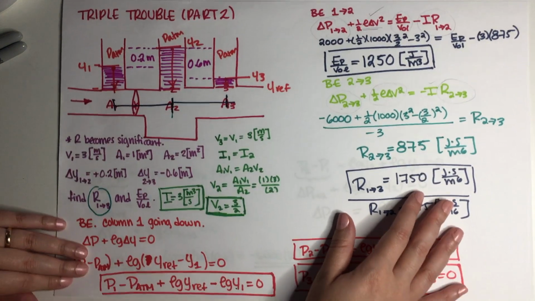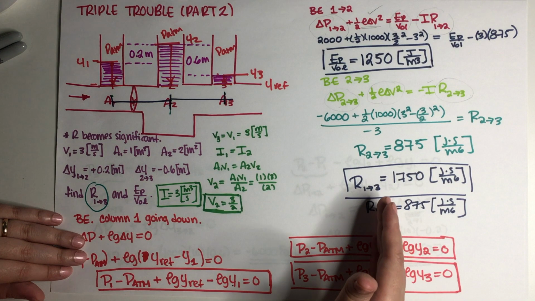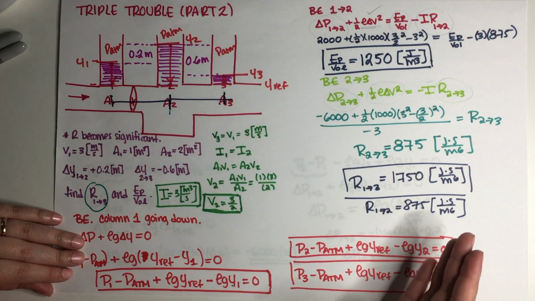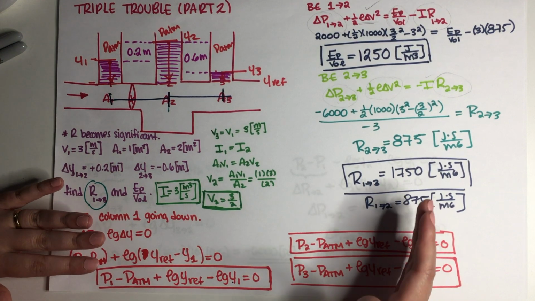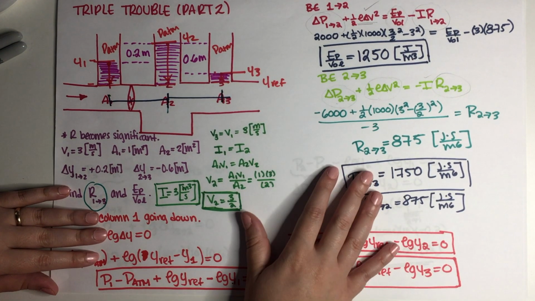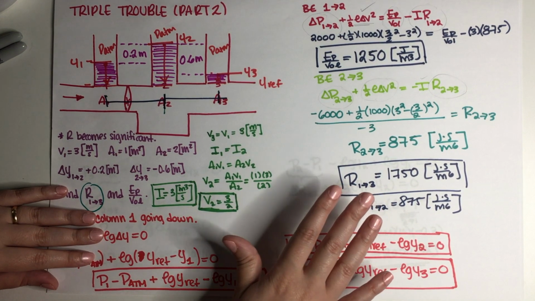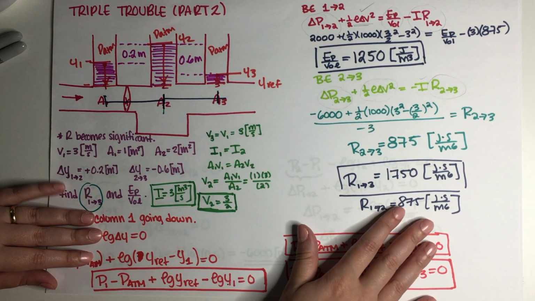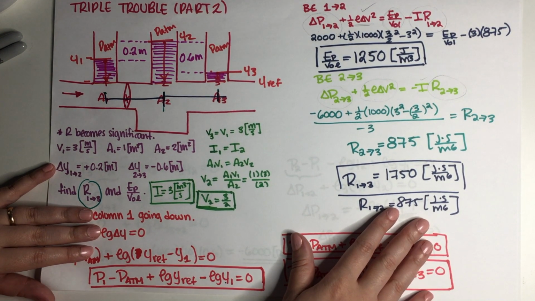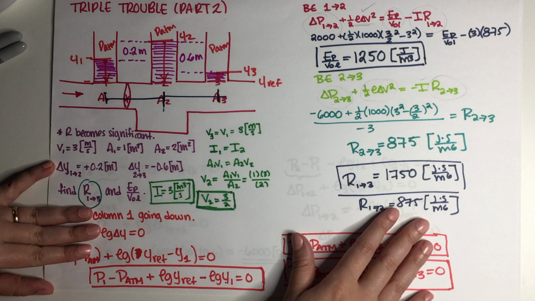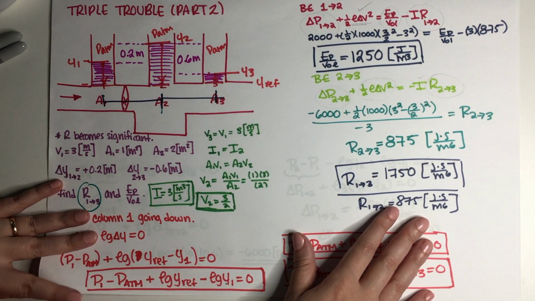Every single thing here didn't just come out of the blue. So don't get discouraged by this problem. This is a 7B problem. This was a quiz, and I do not think at all that this quiz was too unfair or too hard. That is not my opinion at all. I think it was fair, challenging, yes, but fair.